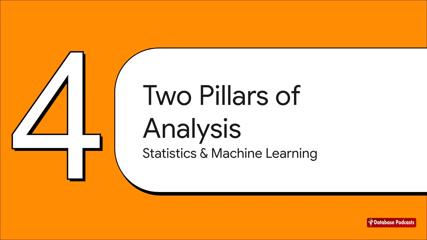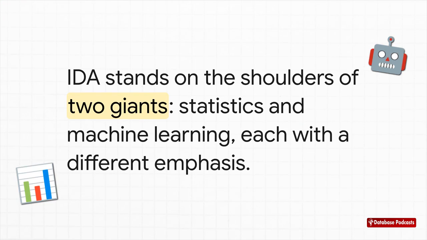And this new era of intelligent data analysis, it doesn't just come from one place. It actually stands on the shoulders of two giants. And that brings us to the two fields that really power all of this: statistics and machine learning. This is a fundamentally interdisciplinary approach, because even though both fields have similar goals, they bring their own unique strengths and points of view to the table.